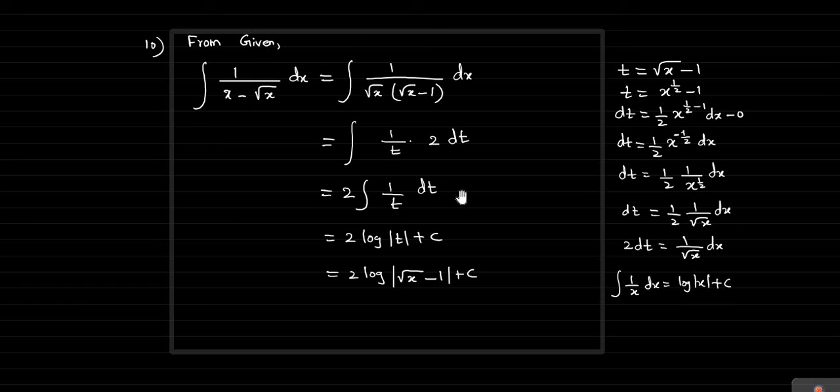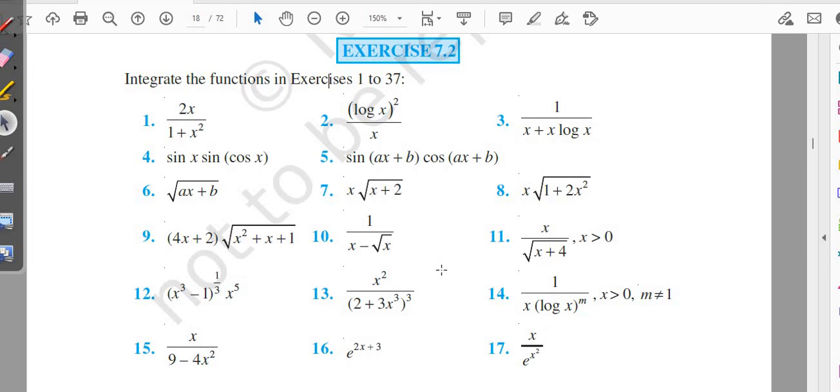Now the 11th one. The 11th one is given as x by square root of x plus 4. First we are going to take the term inside the square root and assign it as t.